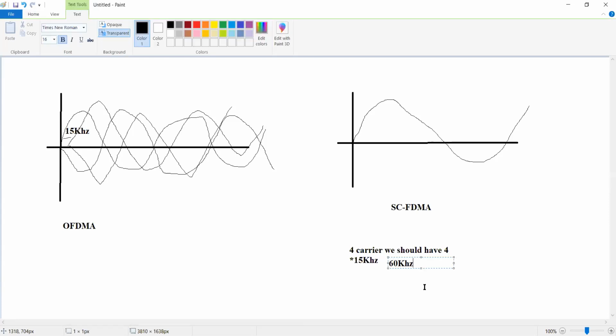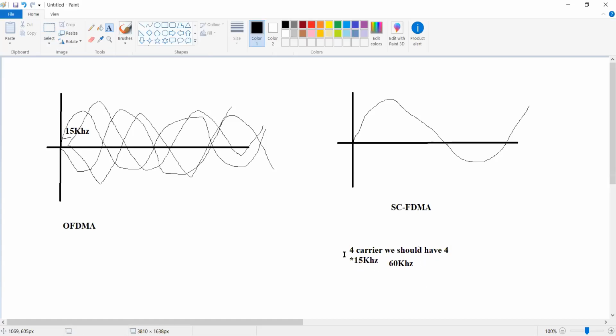This is an example. The gap may differ, and one or multiple subcarriers can be used in LTE.